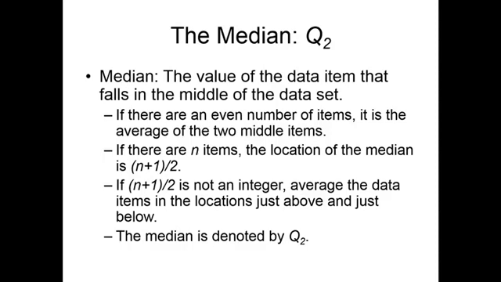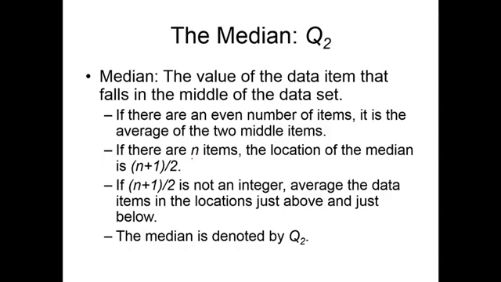The median is the value of the data item that falls in the middle of the data set. If there are an even number of items, then the median is the average of those two middle items.